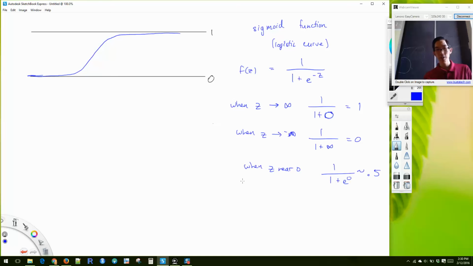And the advantage of this is that we can see a small change in our input can create a small change in our output.